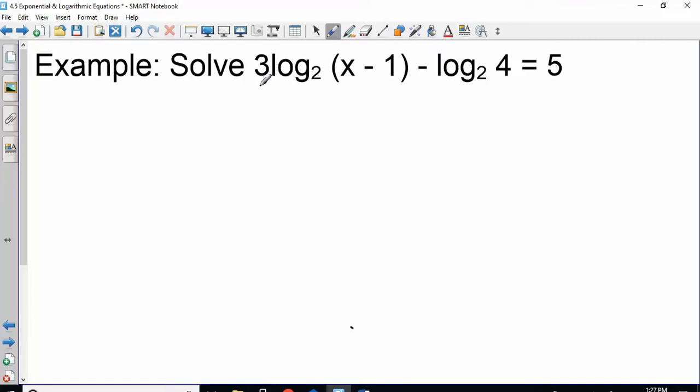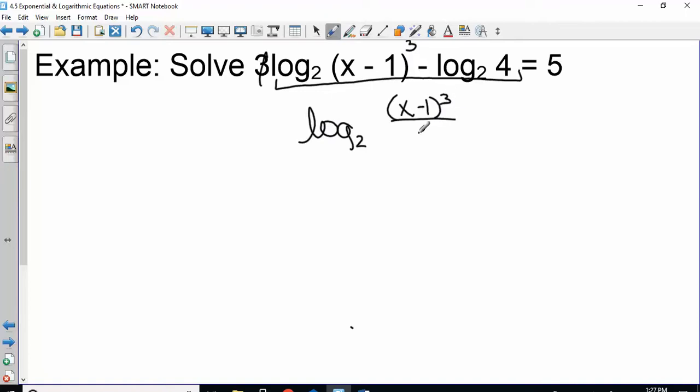What would I do with this 3? Move it to the exponent. If these logs are subtracted, how do you put them together? Divide. You get log base 2 of x minus 1 cubed over 4 equals 5.